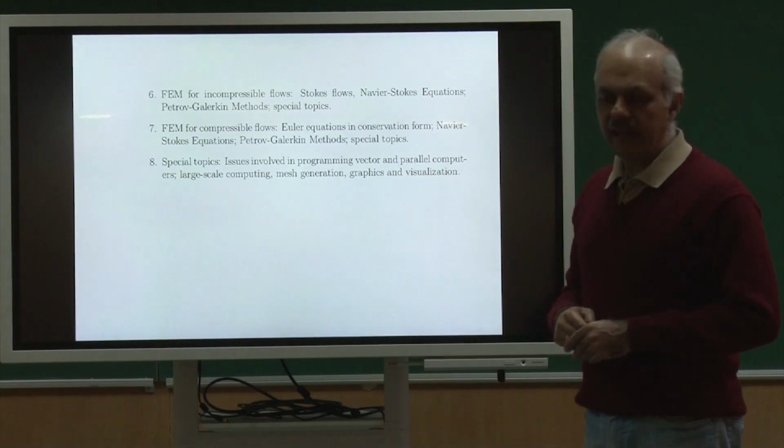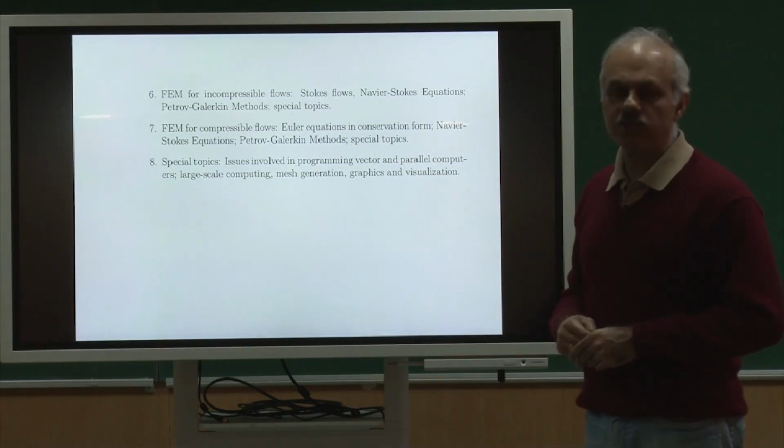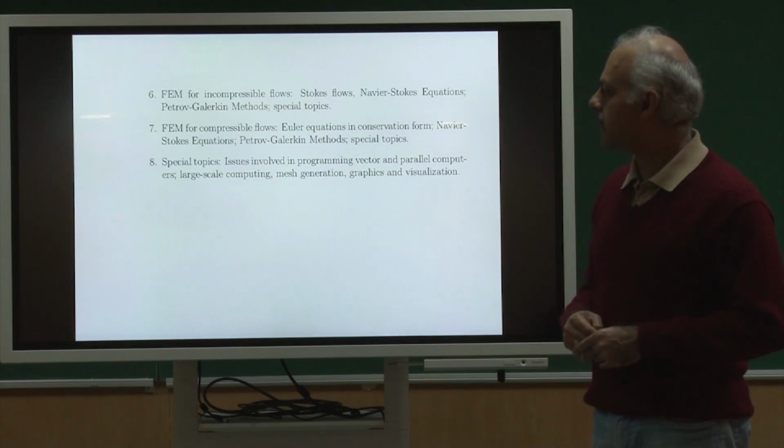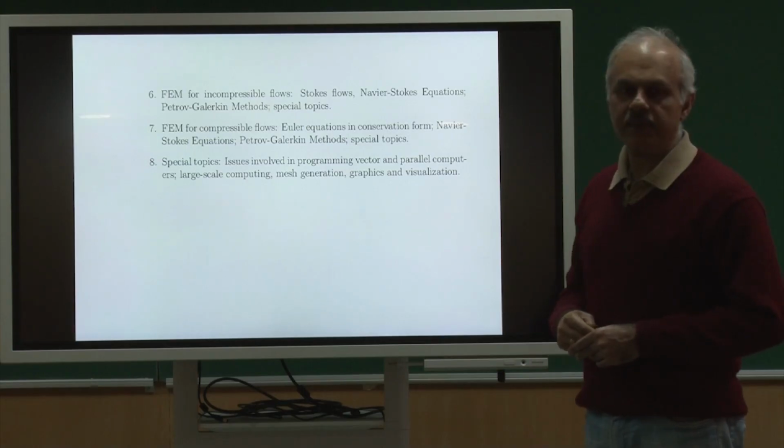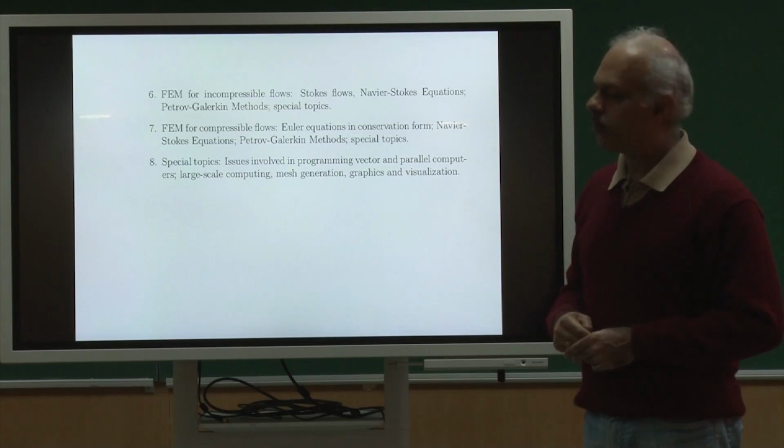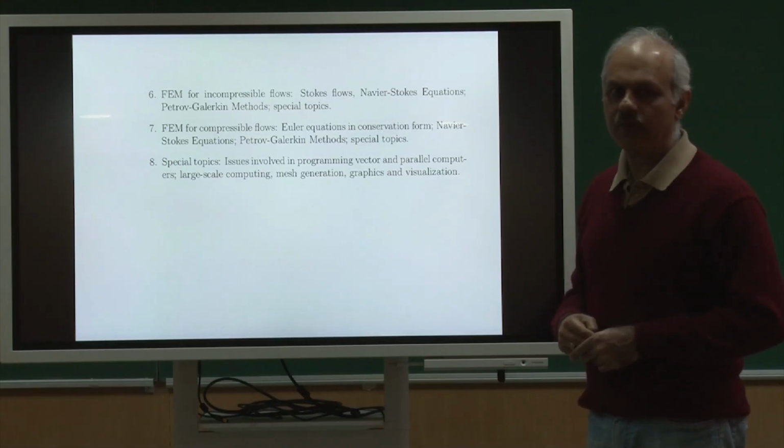So, we will use that module also to understand what is meant by the stability of an algorithm, what is meant by the accuracy of an algorithm, and in fact what is meant by the convergence of an algorithm.